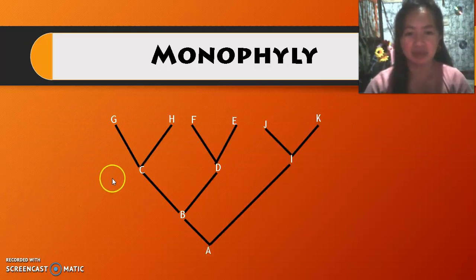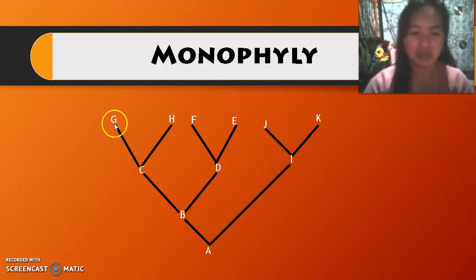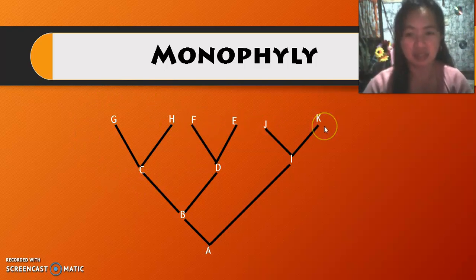In this diagram, if we choose G and H, then we have a monophyletic group, since descendants G and H share one common ancestor, which is C. So therefore, this is a monophyletic group. Same also with F and E, and J and K.